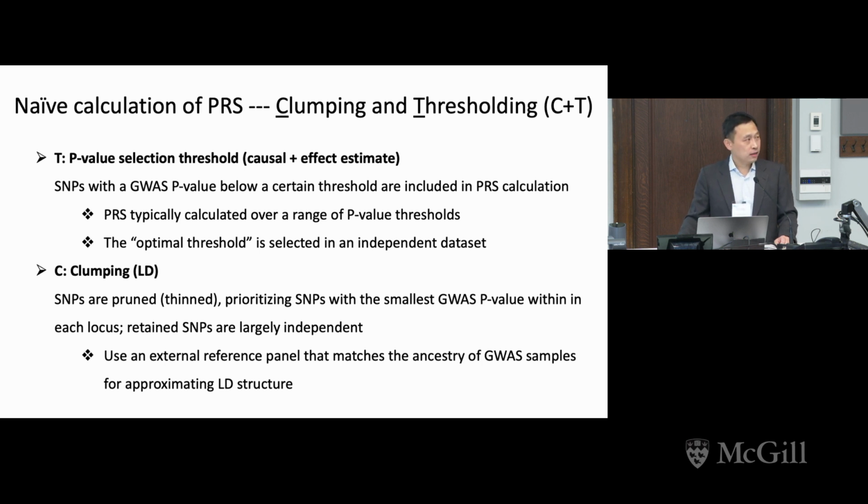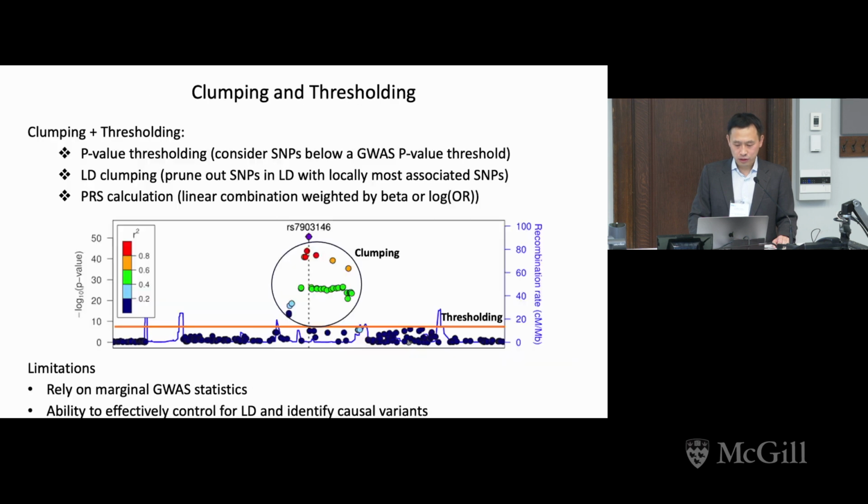The second approach is called clumping. That is, it gets rid of all the SNPs in LD with the lead SNP, so that you can remove the contribution from the nearby SNPs by the LD. So I'm going to show you one example, thresholding and clumping.